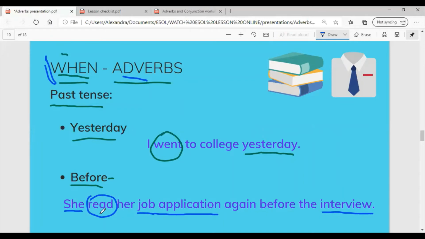So she read again before the interview. So before is the key adverb here that tells us when this action was taking place. So we know this verb took place before the interview, and that tells us when, and it tells us more about the verb. So before would be our adverb.